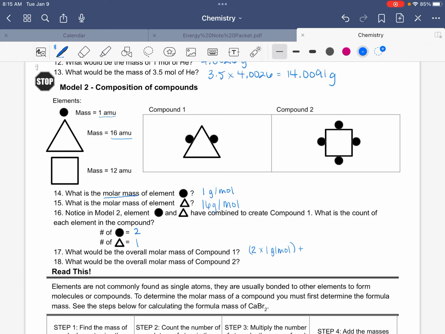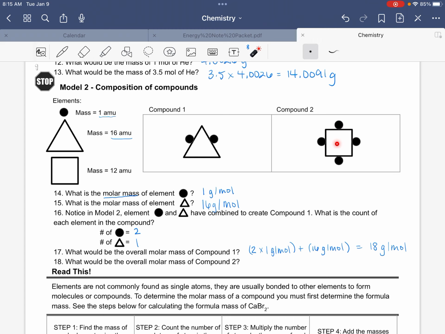Plus the mass of our triangle. We only have 1 of those, so plus 16 grams per mole. If we add that together, we get 18 grams per mole as the molar mass of this compound 1.